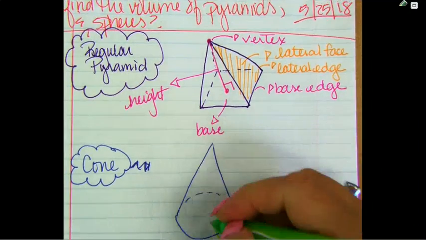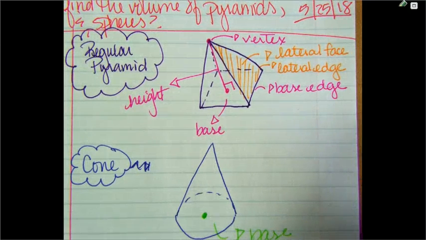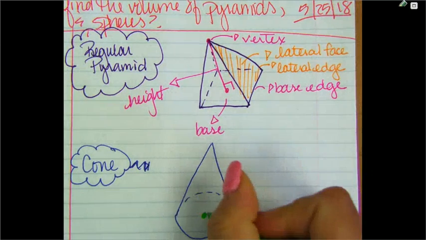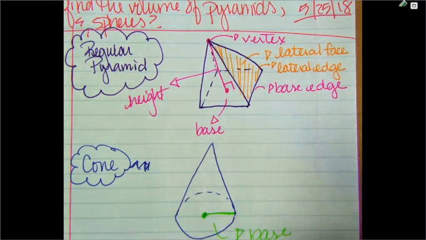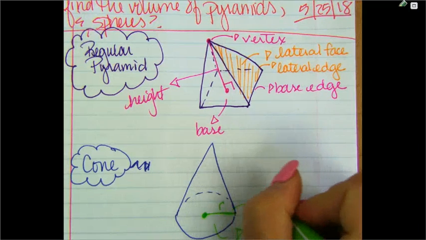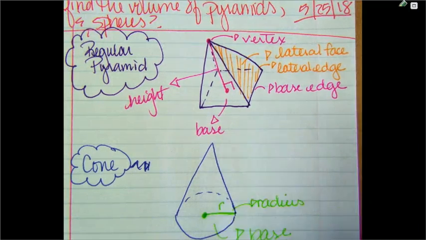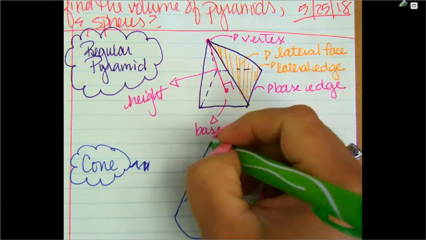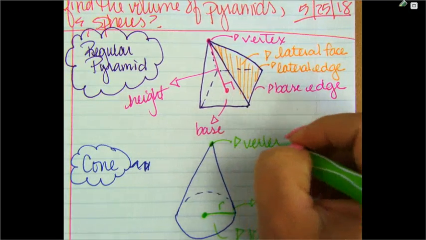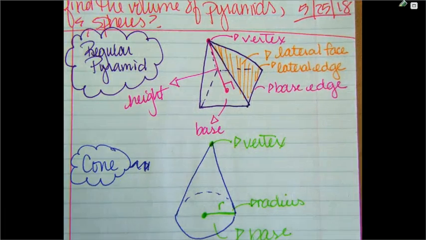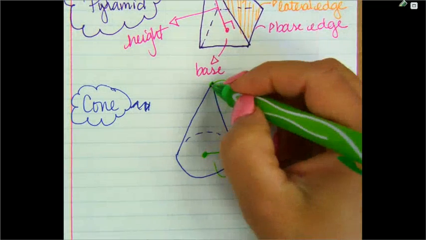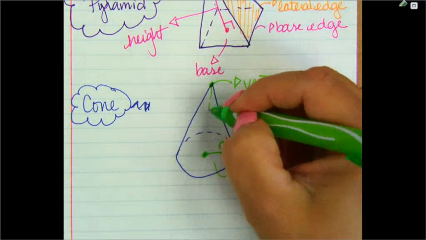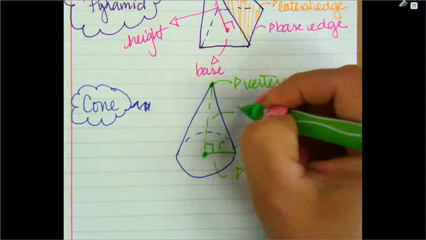If it's a circle, what is this point right here? The center. So from here to here, I can call that the what? Radius, very good. You still have the vertex up at the top. And then from your vertex to the center of the circle is your height.